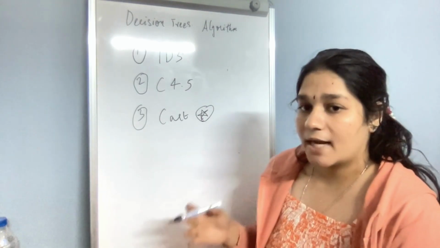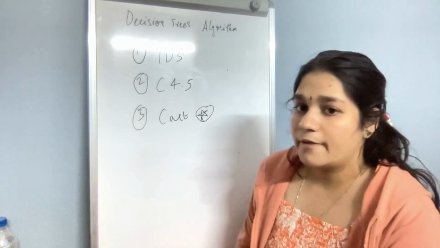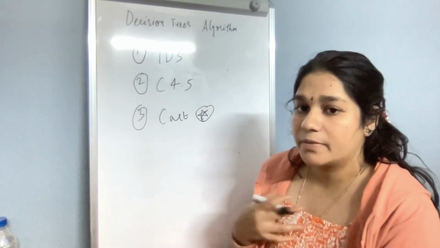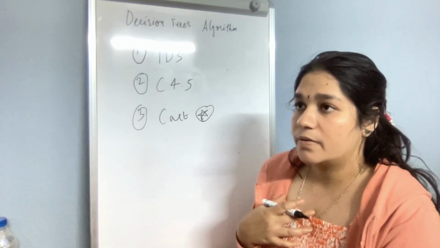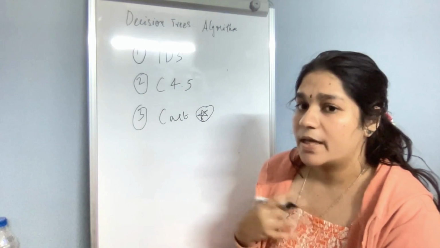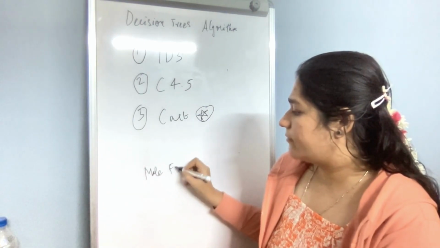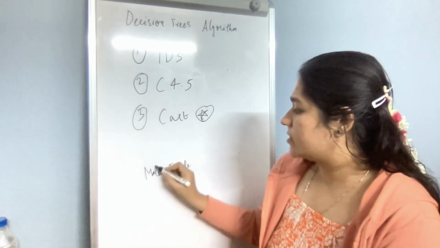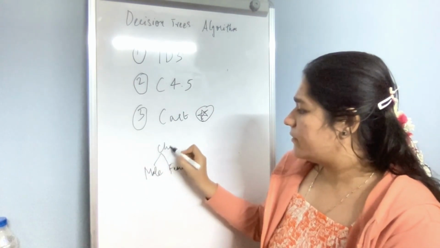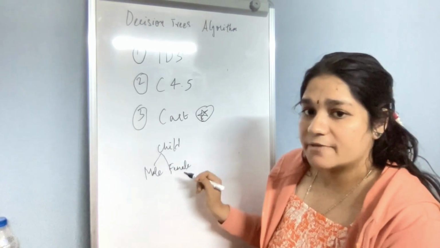So when you think about classification, suppose I want to predict when I'm going to have a baby, whether the baby will be a male child or a female child. We know that this is directly classification.